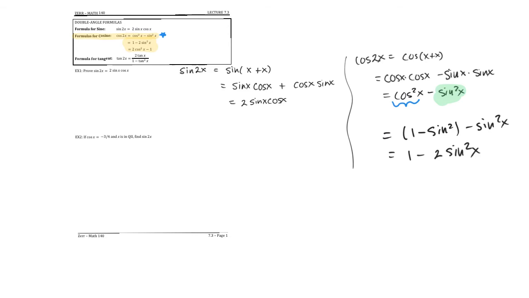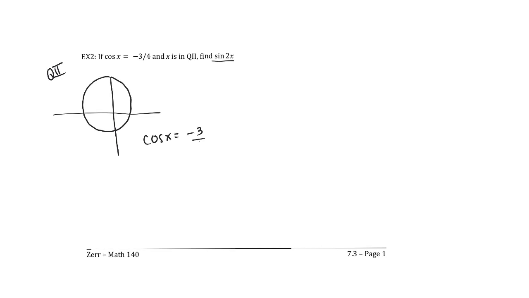So if cosine of x is equal to negative 3/4, I would need to find sine of 2x. Okay, so I'm going to draw a picture. I'm in quadrant 2, and cosine of x is equal to negative 3/4, and remember that cosine is the adjacent over the hypotenuse.